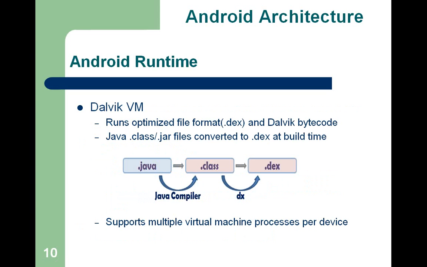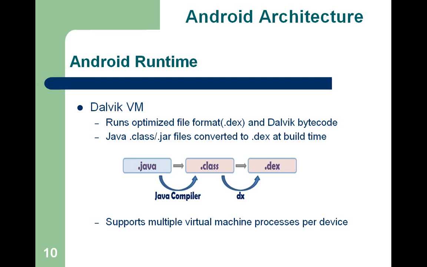This is the Android runtime, which contains the Dalvik virtual machine, which runs an optimized file format, .dex. So this does not work on Java bytecode, although all the application development at the top layer is done in Java.